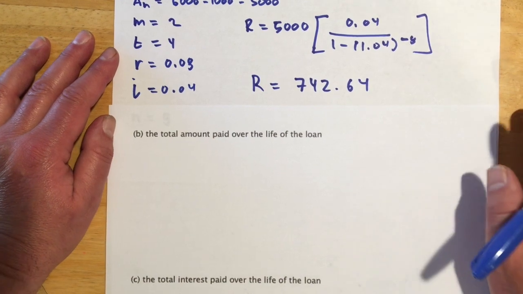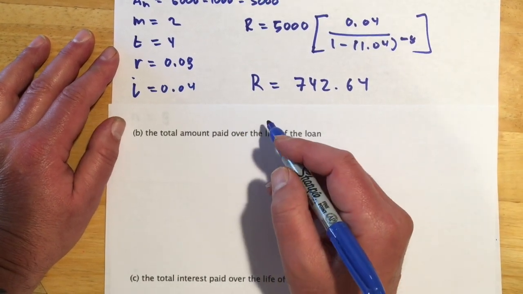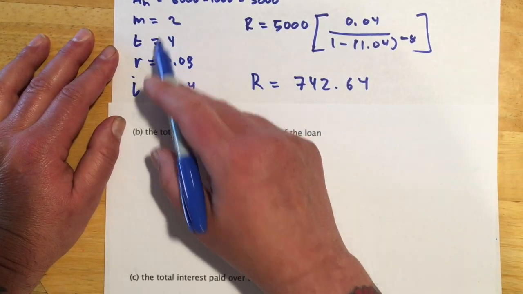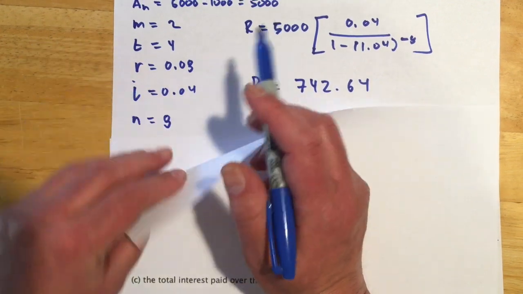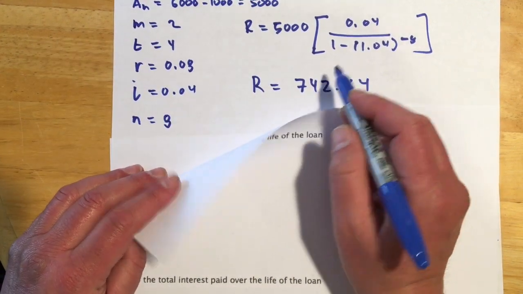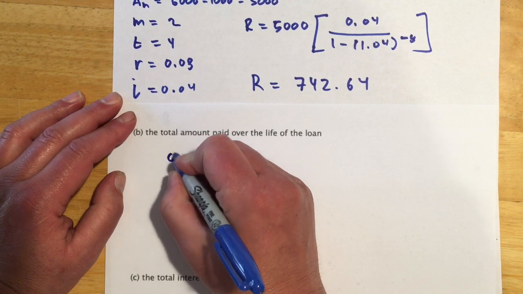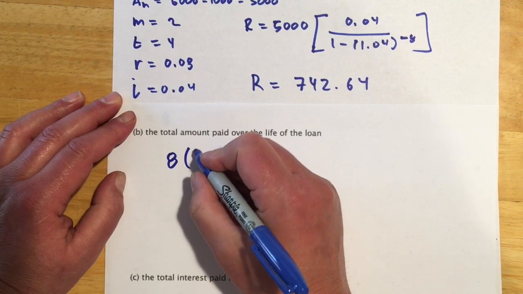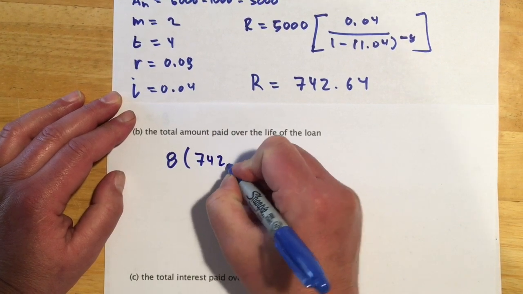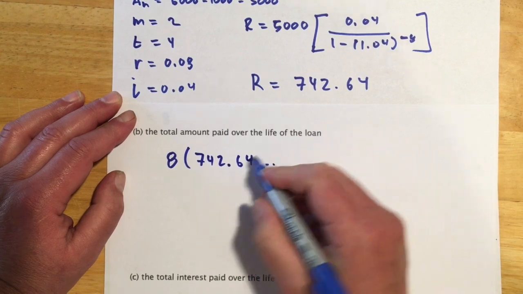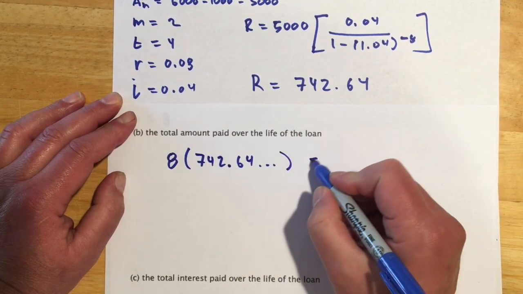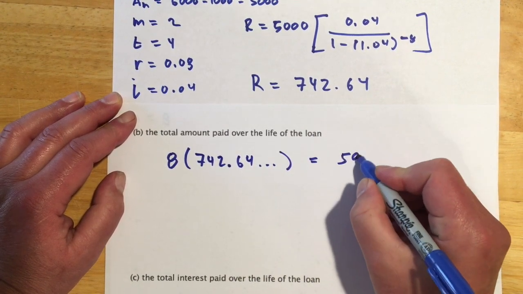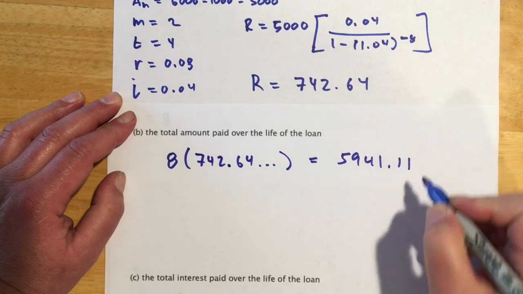And then part B is find the total amount paid over the life of the loan. So we had 8 payments. It was right there at this much, except the computer is kind of not nice. When I tried this one, I had to put it in with all the decimals, and when I did that, I got 5941.11.